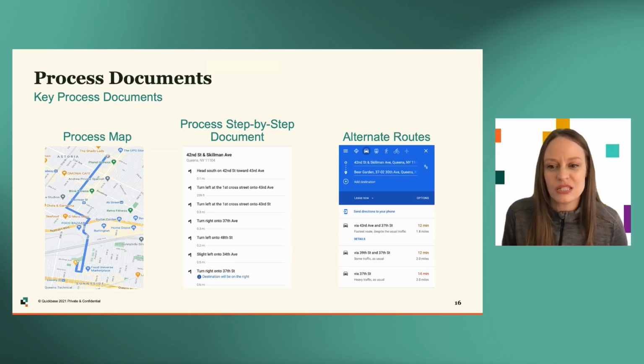But as you can see here, we have our start and end point on the map. We have our step-by-step, which tells me what happens at each trigger or handoff point with street names and how long each part is going to take. And then finally, we have alternate routes, right? So if I want to add a destination and pick up something along my way, I can do that. If I decide to walk versus ride my bike.